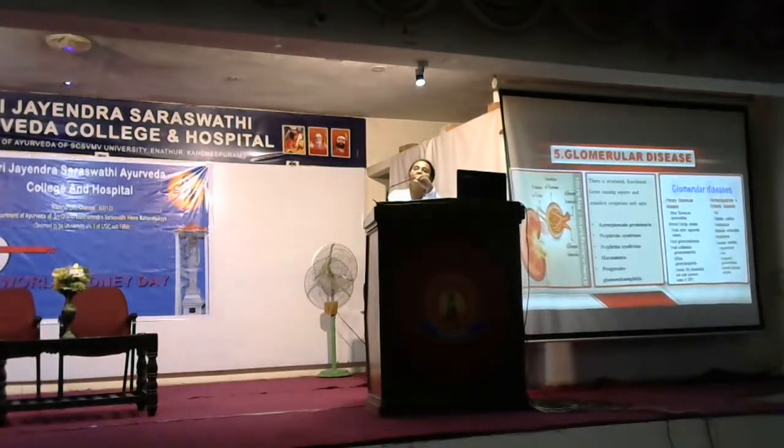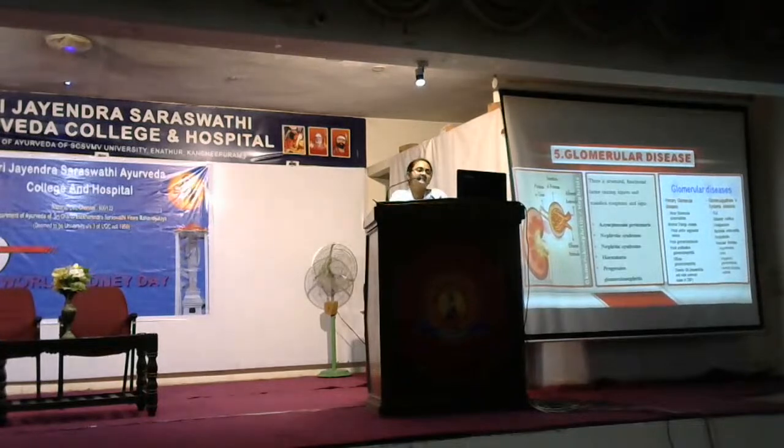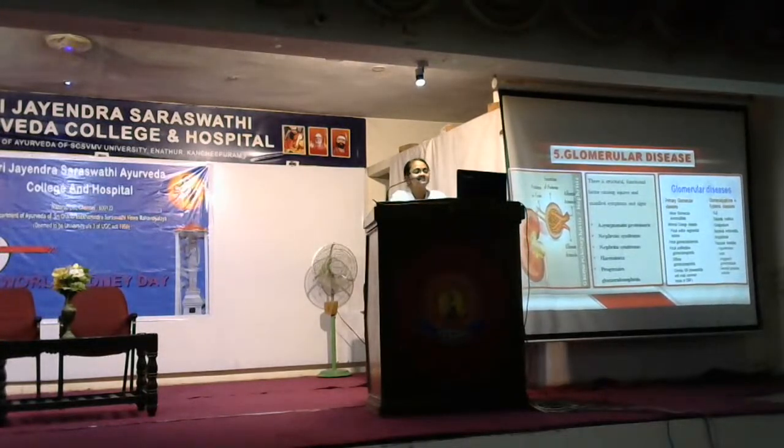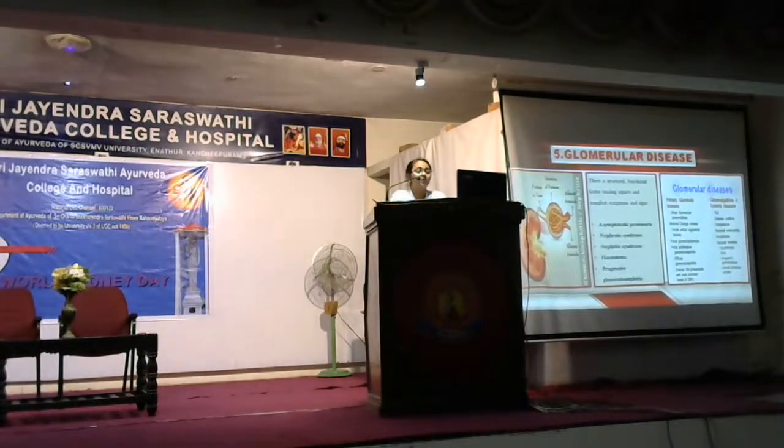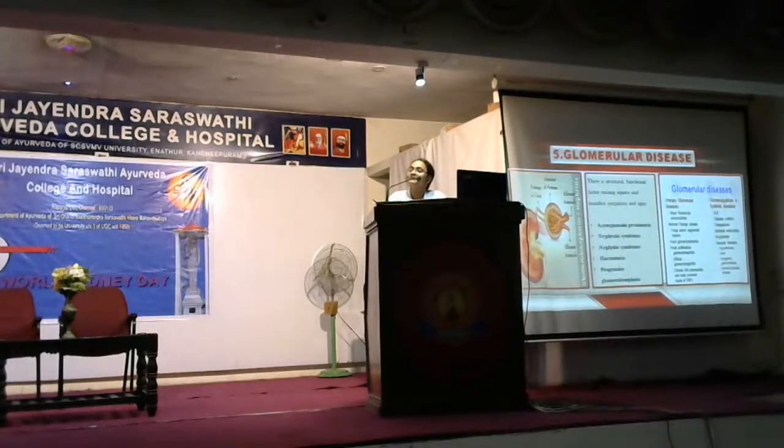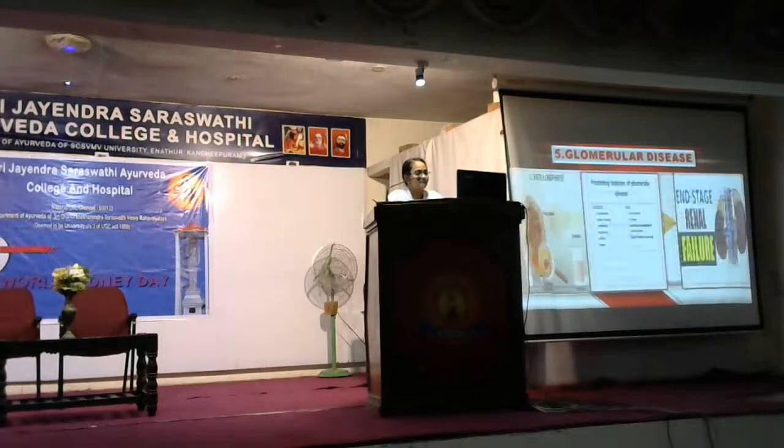Here in glomerular nephritis, we can see other pathology with the involvement of histopathology and HLA complexes. So glomerular diseases will cause asymptomatic proteinuria, nephrotic syndrome, nephritic syndrome, hematuria, and progressive glomerular nephritis, and they are also categorized as primary glomerular diseases and systemic glomerulopathies.